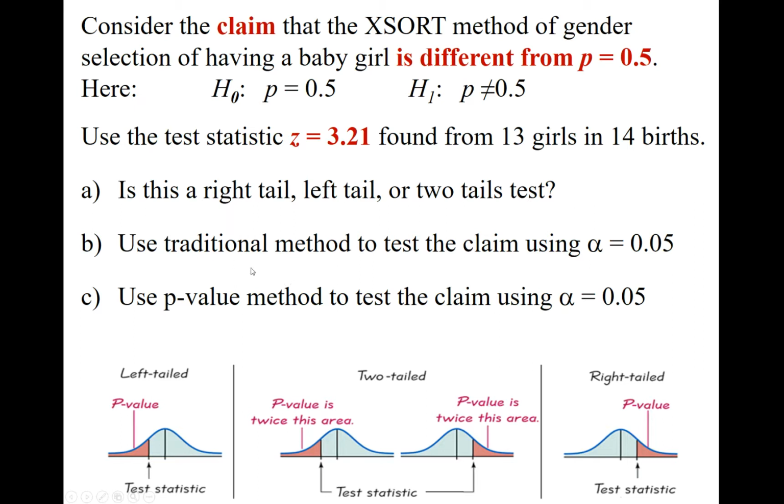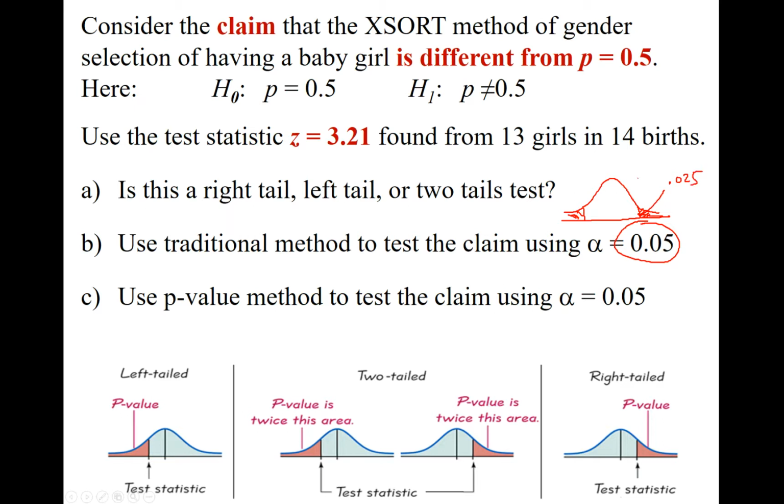Now to use the traditional method, if you can recall, I'm going to draw a bell shape, use alpha 0.05, and the alpha should be split into half, so that each side is half of it, which is 0.025.